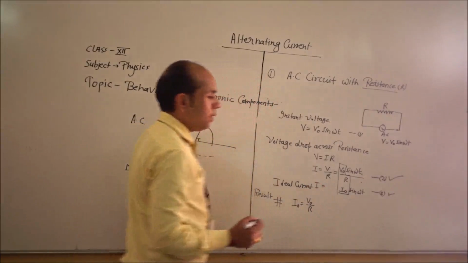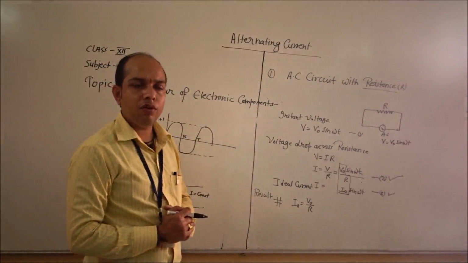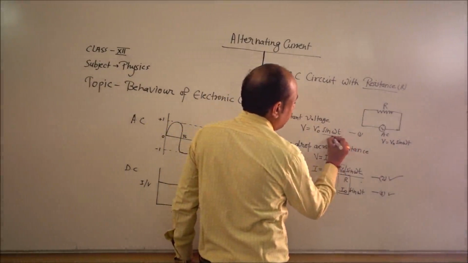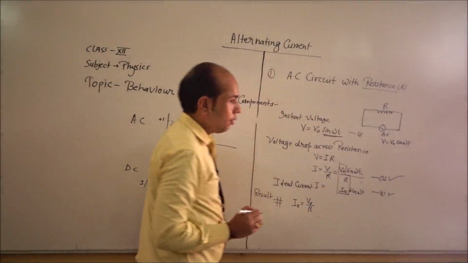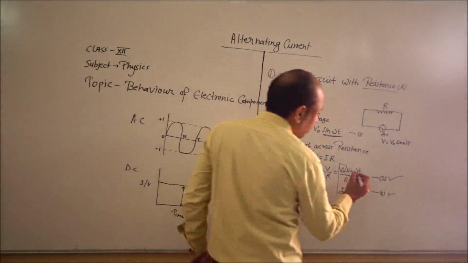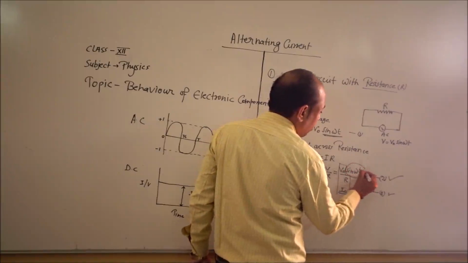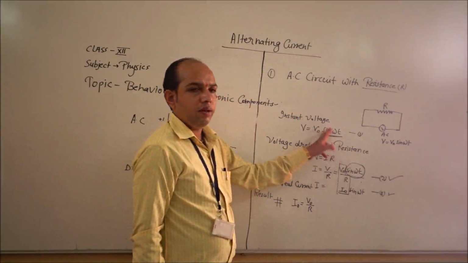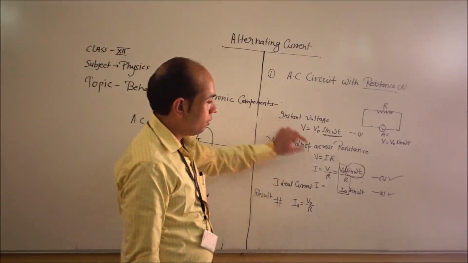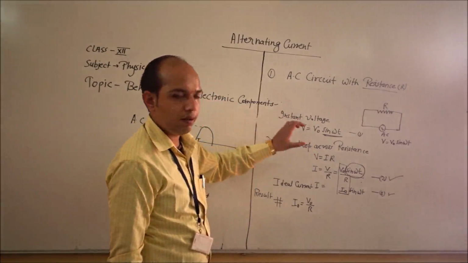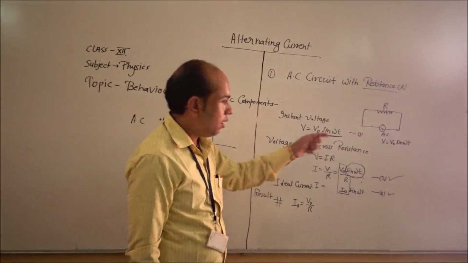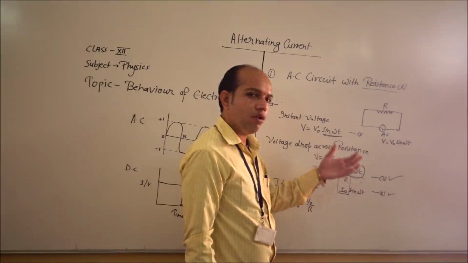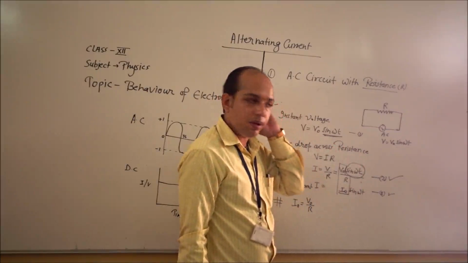Second thing, we have to compare the variation of current and voltage. In voltage we have sin omega t, and when we find the current, here also we see sin omega t. So sin omega t and sin omega t show that current and voltage are in the same phase. If there were an angle variation, maybe cos omega t, we would have to change cos omega t in terms of sine and then compare.